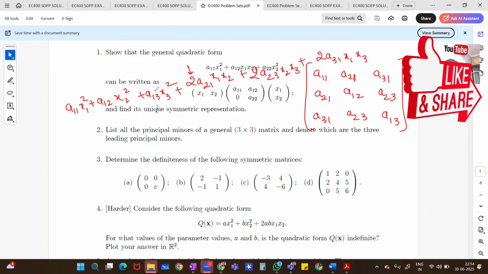So this is how you can do it. I have written the general quadratic form and the symmetric one. And then it is asking me to find the principal minors. So you'll write D1, which is A11, and D2, which is A11 times A22 minus A12 times A21.